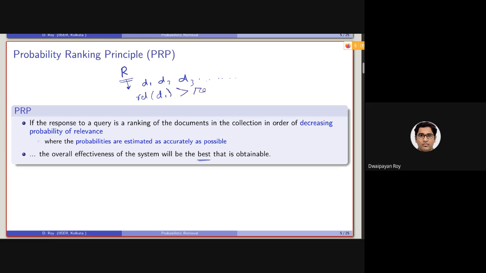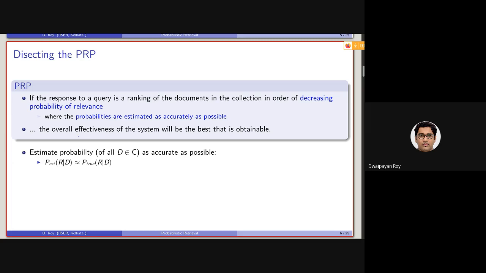The relevance of D1 is the most, the relevance of D2 is the second most, and so on. Mathematically, we estimate the probability for all D in the collection C as accurately as possible. That means the estimated relevance of a given document will be close to its true relevance. So this is the first factor, where the probabilities are estimated as accurately as possible.